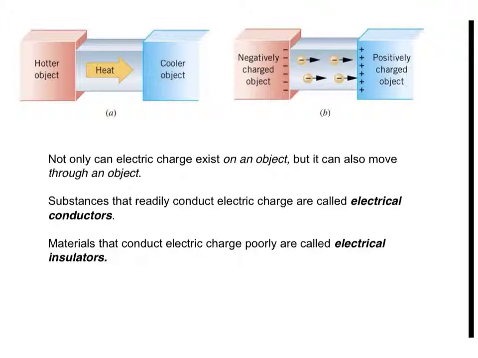The difference between an electrical conductor and an insulator is really related to the atomic structure. The electrons orbit the nucleus, as you know, in the electron cloud, and those in the outer orbits experience a weaker force of attraction to the nucleus than those in the inner orbits. Consequently, the outermost electrons, which you remember from chemistry we call the valence electrons, can be dislodged much more easily than the inner ones.